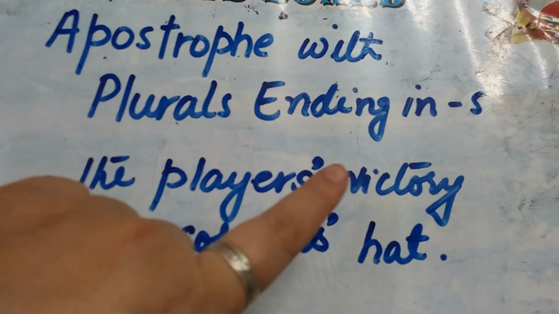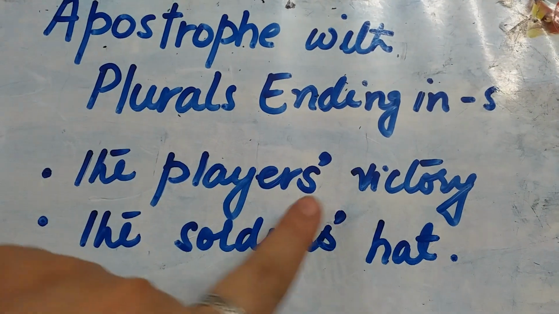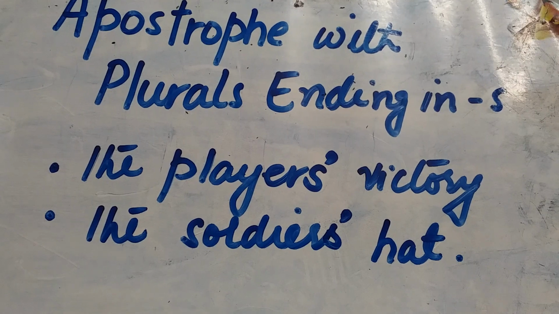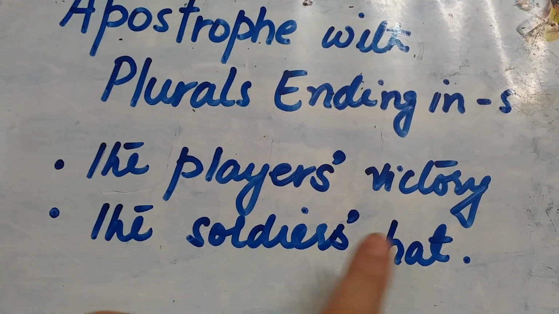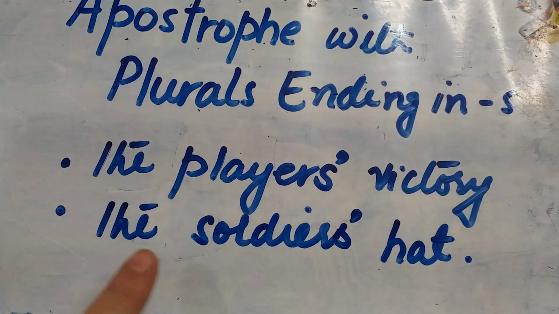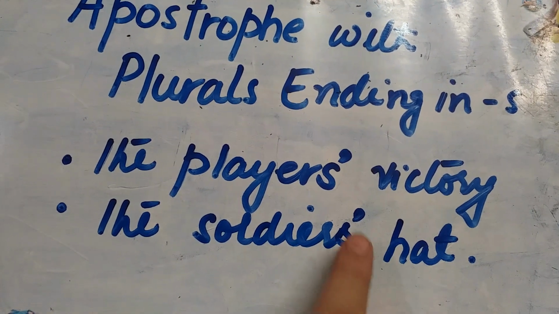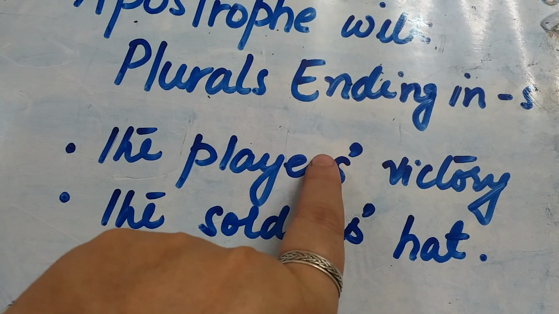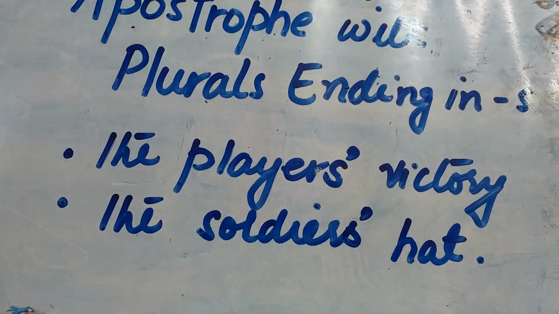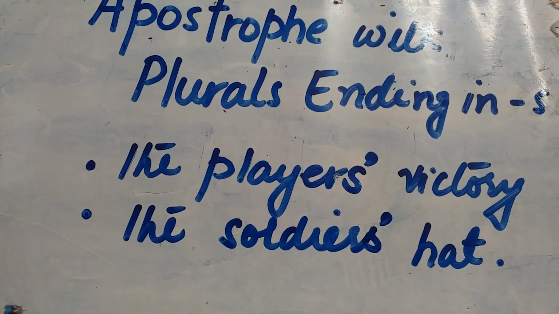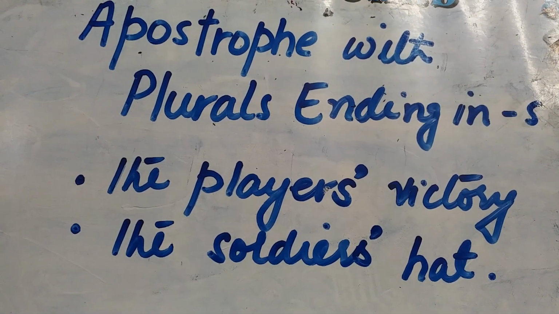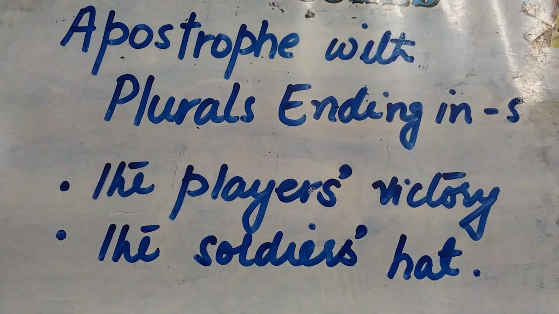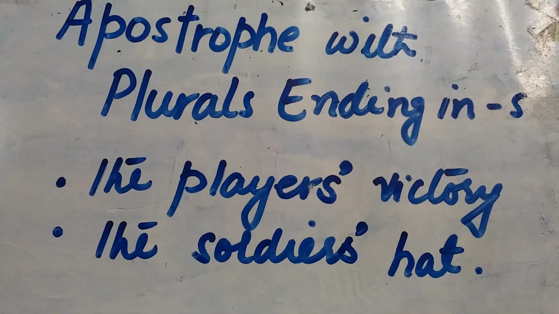We simply add the apostrophe after S to show the possession. You can see the players' victory, the soldiers' hat. So it comes after S, not before S. And this is how we simply, by adding an apostrophe, show the possession of somebody over something.